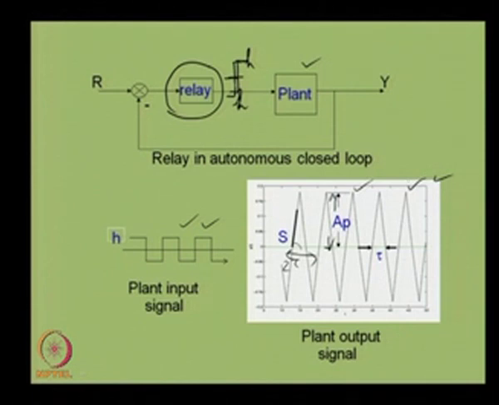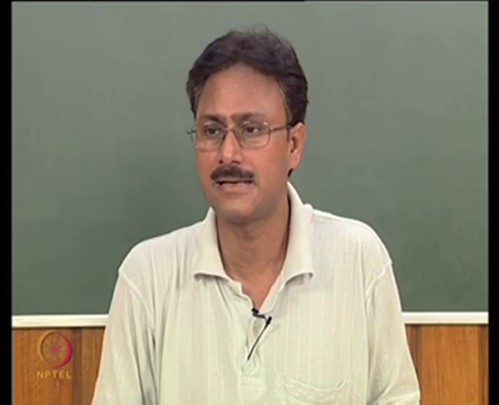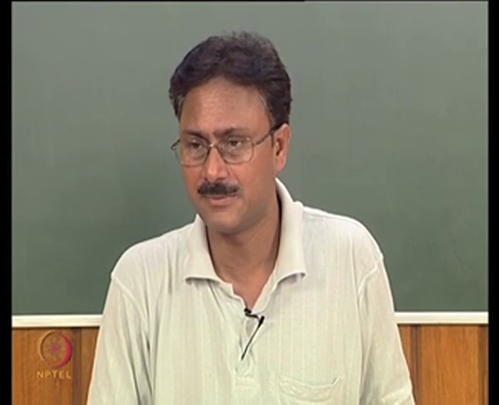So, when the relay is symmetrical, we get some symmetrical output of this typical form, and using the information we can find the dynamic model of the plant. Now, these things will be studied in lecture 10. Now, why is there a describing function for the relay? The relay can be approximately represented by some gain known as describing function.